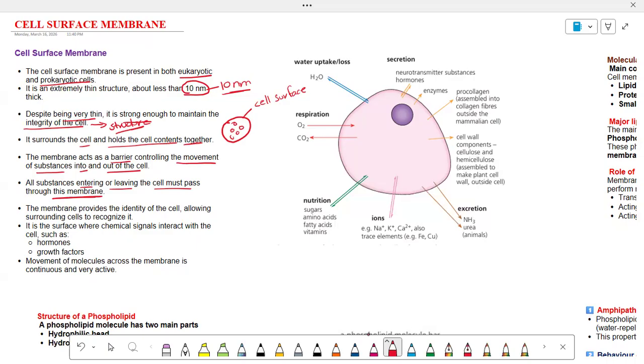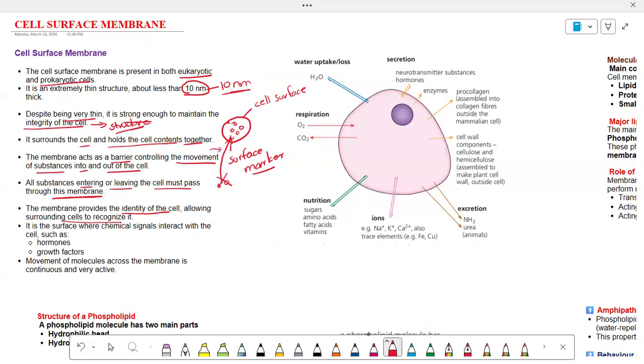Moving ahead. The membrane provides the identity of the cell, allowing surrounding cells to recognize it, because this surface has surface markers. Each cell has its own surface markers. So if pathogens like bacteria or viruses want to enter the cell, the immune system will recognize them and kill them.